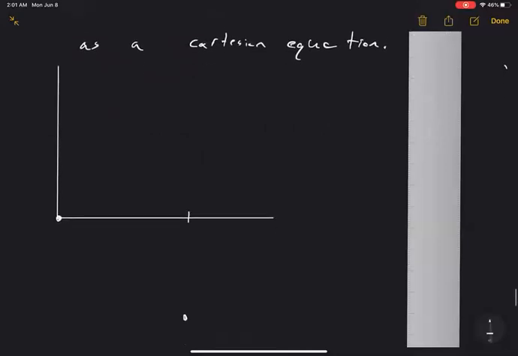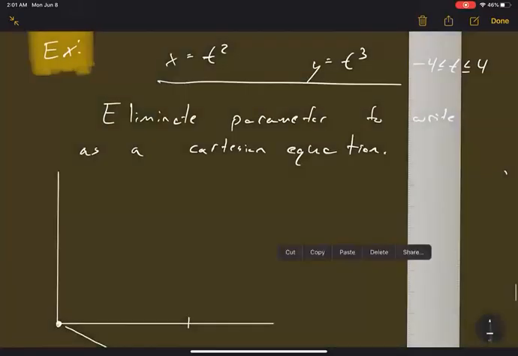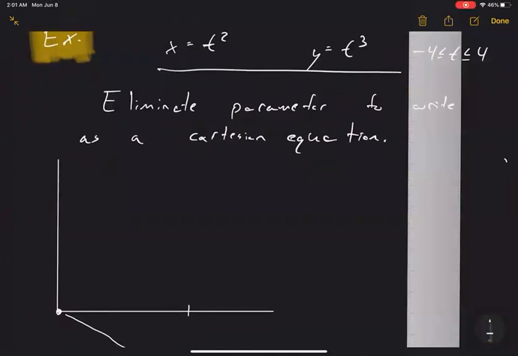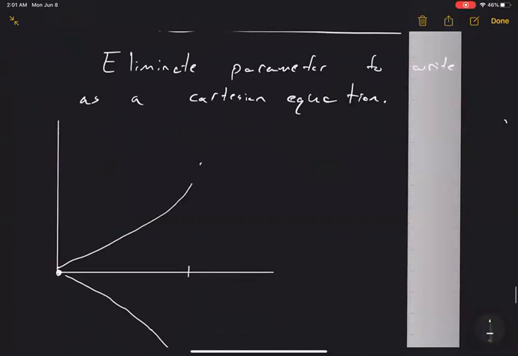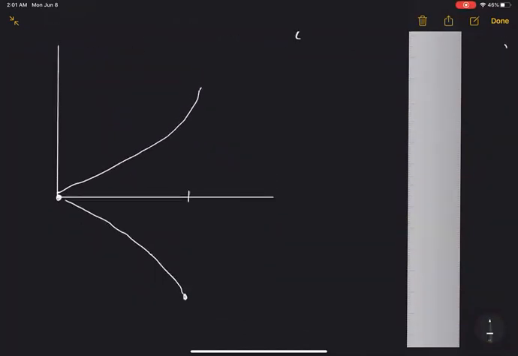It'd be some kind of curve like this. And as t goes to positive 4, we'd have x of 16 and y of 64, up here. So my parametric curve looks something like this, and as t increases, it's going this way.